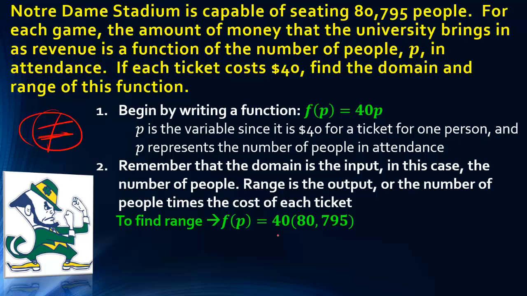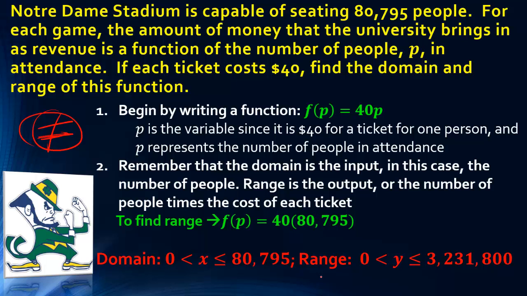So for your range, for these types of problems, it's going to be y is greater than or equal to 0, and then less than or equal to whatever you get by multiplying those numbers. Okay, in this case, $3,231,800.